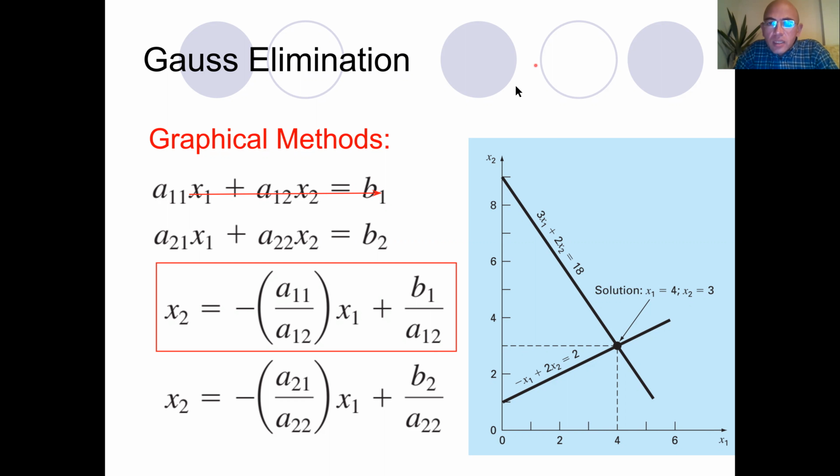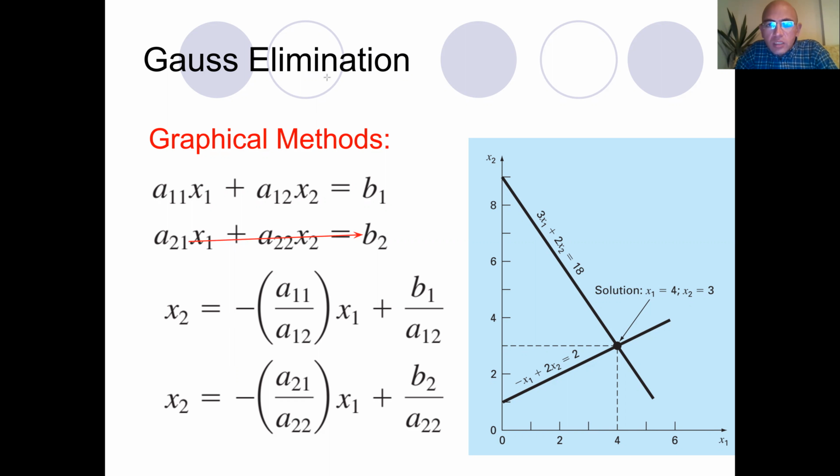Identically, I can do the same operations for the second equation. First, I divide the whole equation by a22, that's the coefficient of x2, because I consider that x2 is equal to y. And then I will take the expression to the other side of the equality.